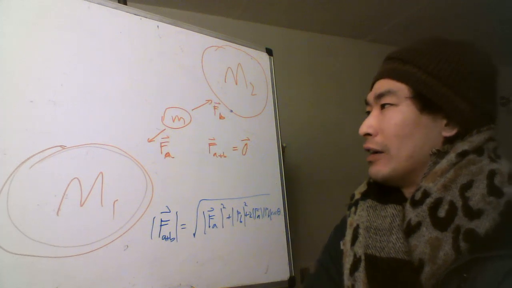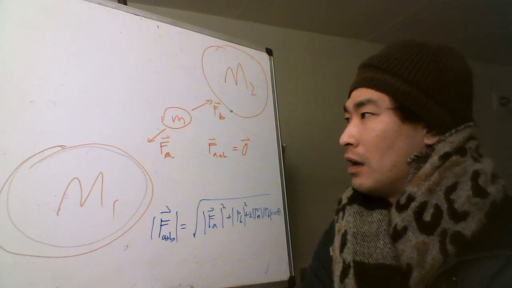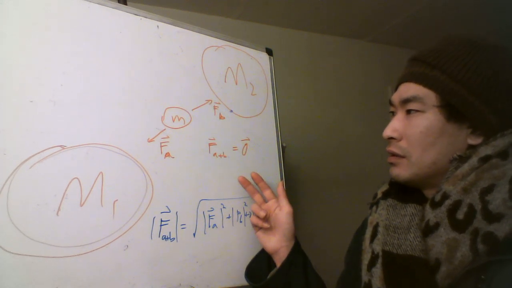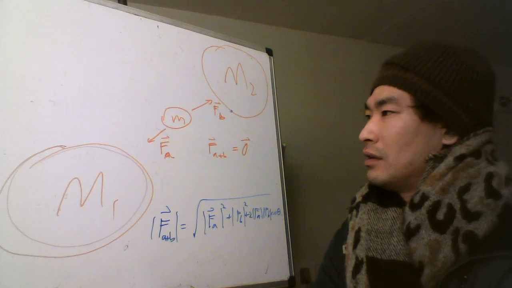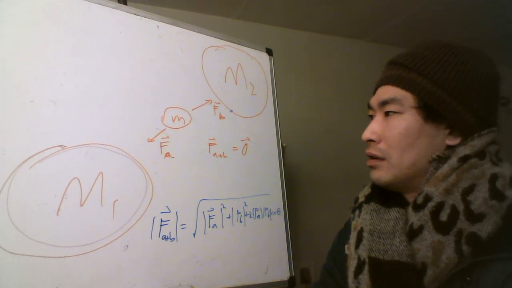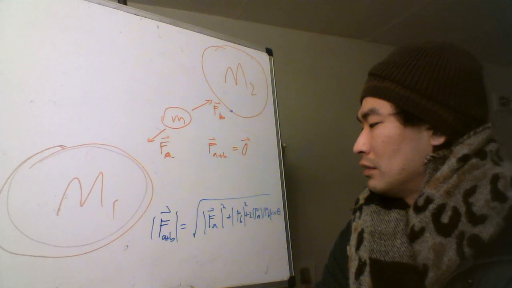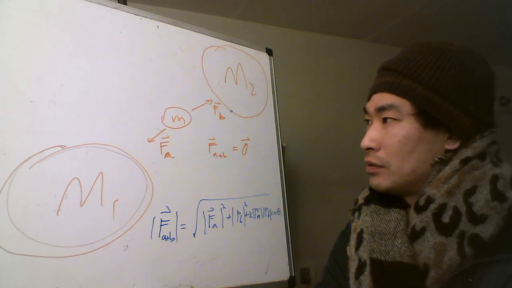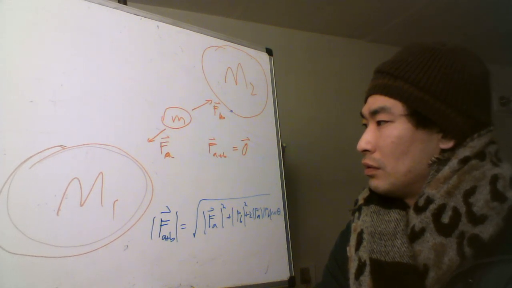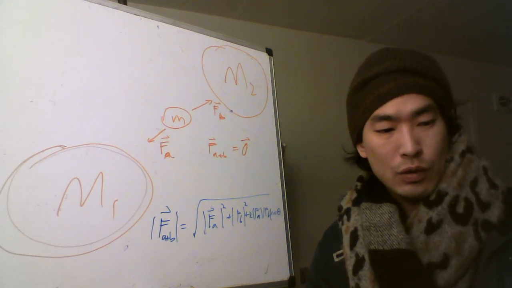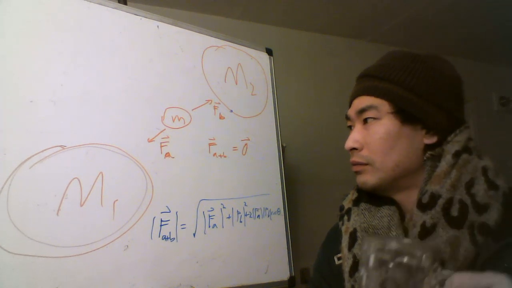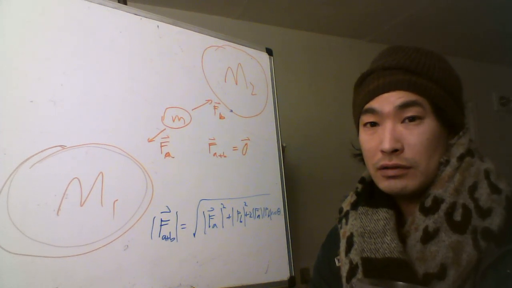What if we use minus cosine theta then? Well, then we have a problem, because when theta is 90 degrees... maybe it works, because minus cosine theta at 90 degrees, cosine 90 degrees is 0.